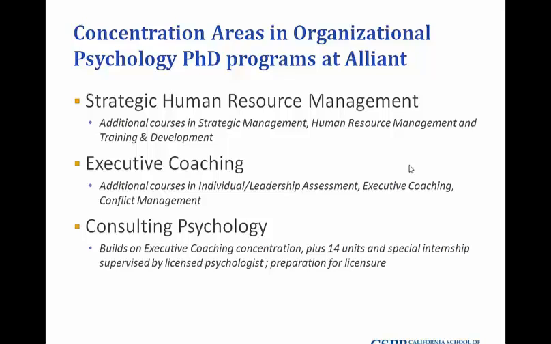One is strategic human resource management, and this features additional courses in strategic management, human resource management, and training and development. This is particularly interesting for people who want to work in the field of HR management and perhaps become a director or a vice president of human resource management within a medium to large organization.